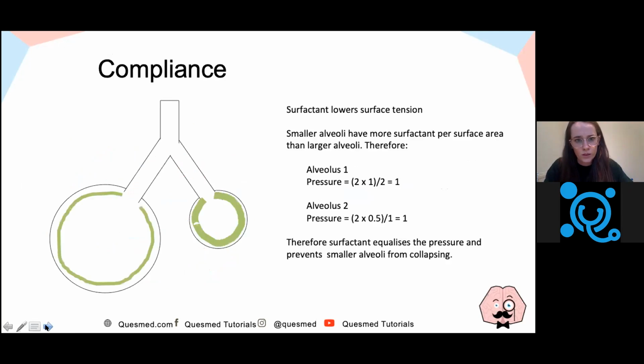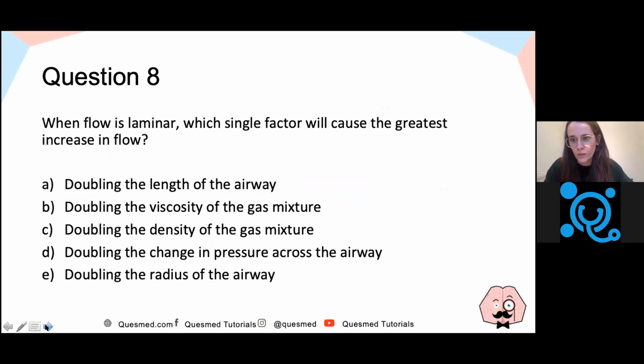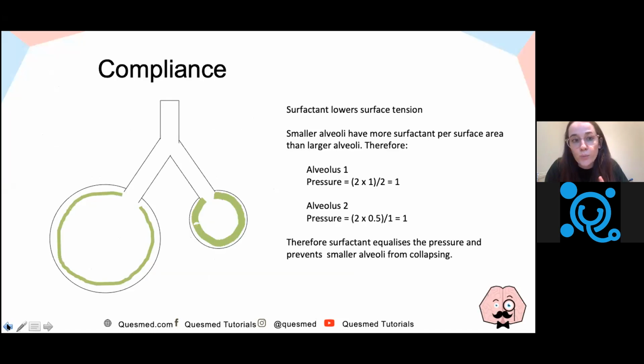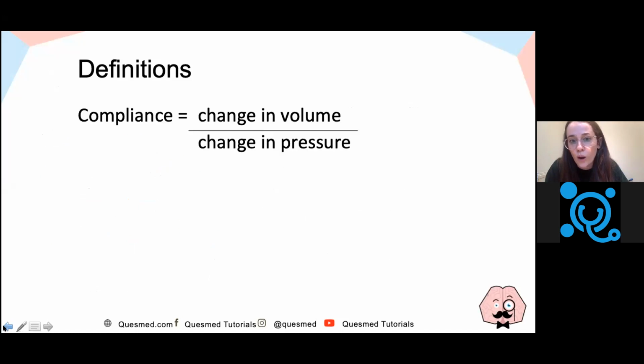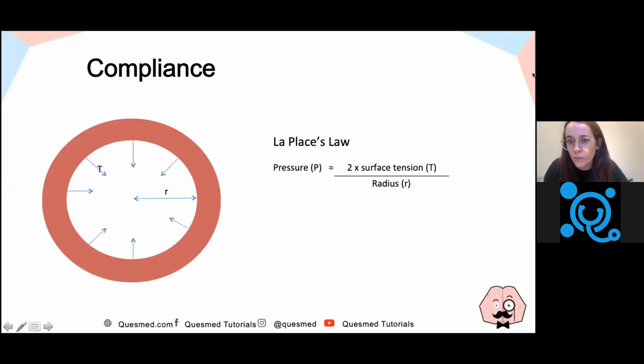Okay, lovely. So next question. A higher compliance will have a reduced radius. So no, because compliance is proportional to 1 over change in pressure, and our equation is pressure, we're getting pressure here.